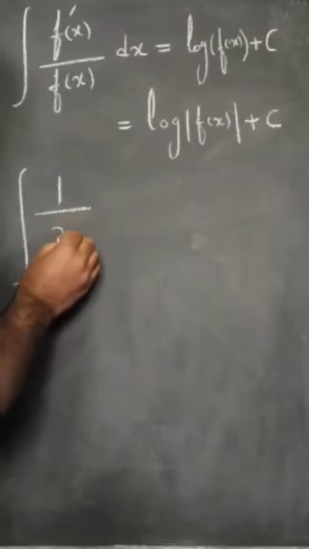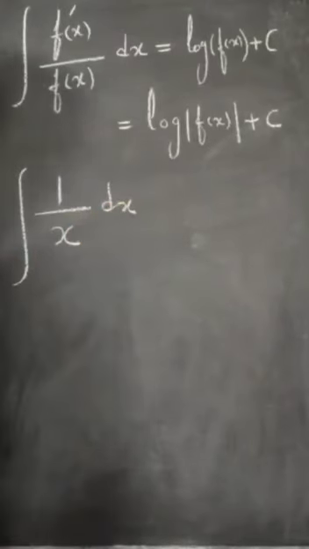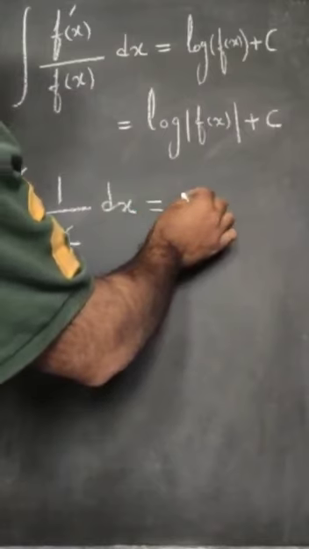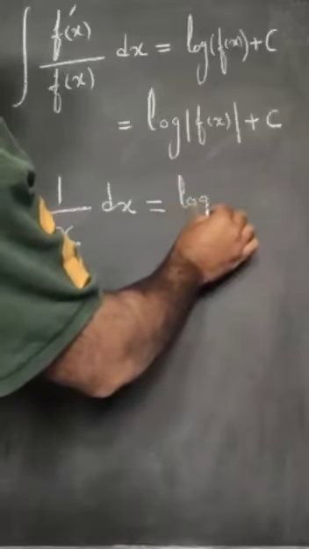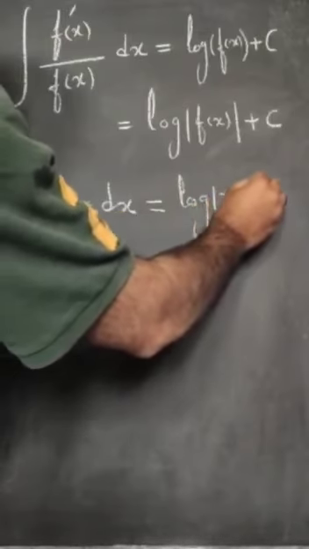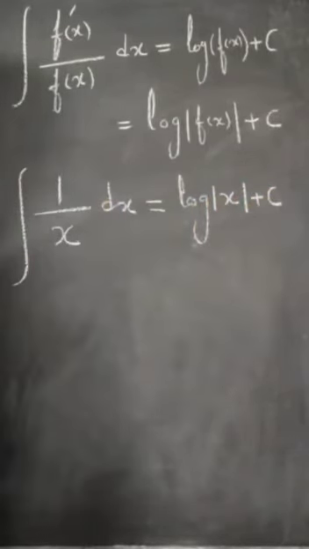Integral of 1 by x. In this case, we have x in denominator, and in numerator we have derivative of x, that is 1. So we can write this is equal to log of mod of denominator, that is x, plus integration constant c.